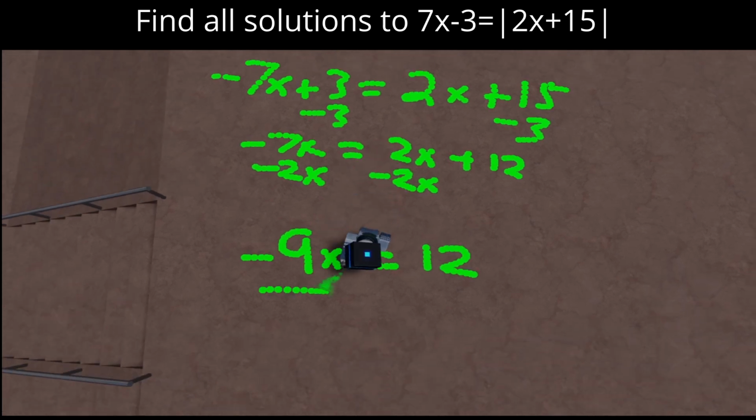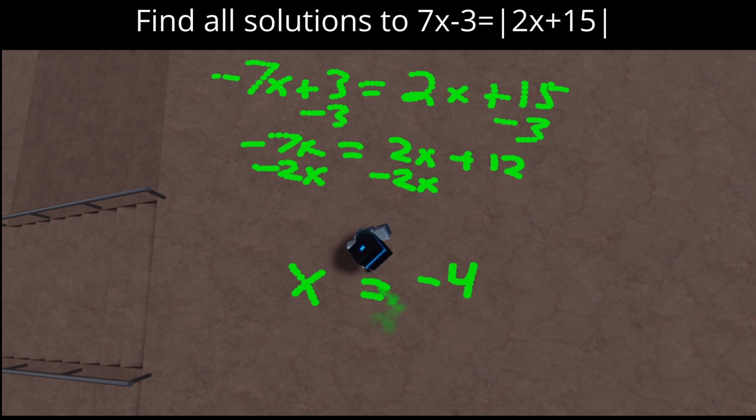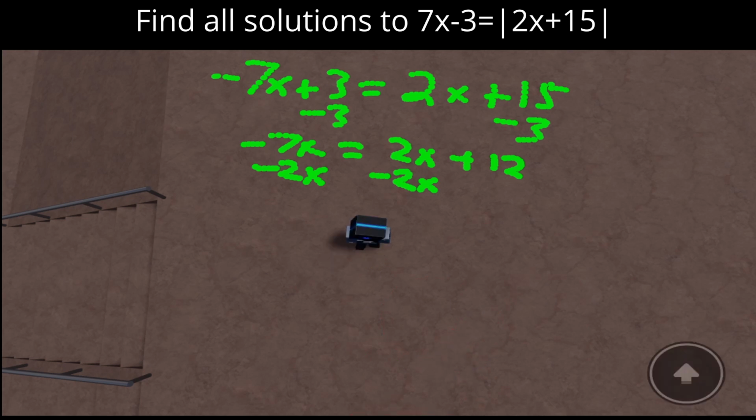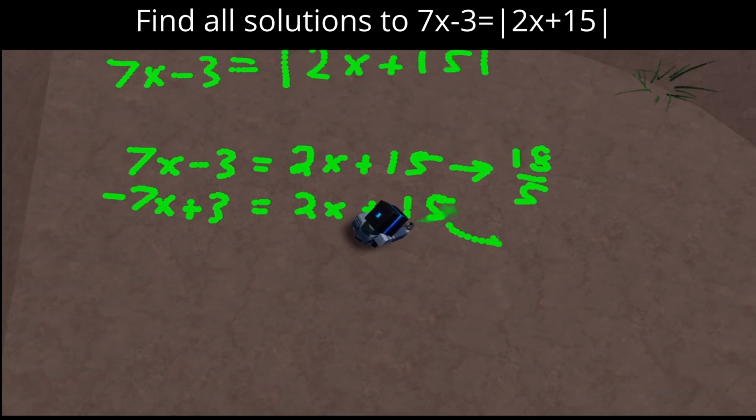From here, just divide by negative 9. And you'll have x is equal to 12 over negative 9. If you want to simplify that, that's 4 over negative 3, or we can just rewrite this as negative 4/3. So now we have the solutions for x. We just need to verify them to see if both are true or if only one is true. So this equation got us negative 4/3 as a solution.